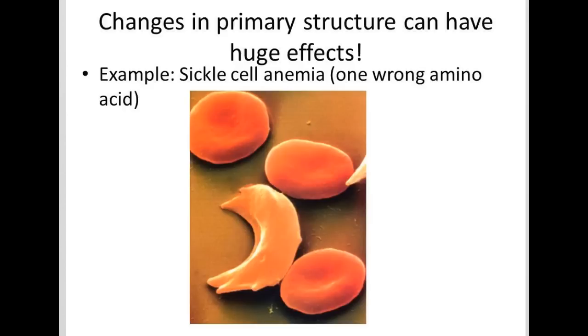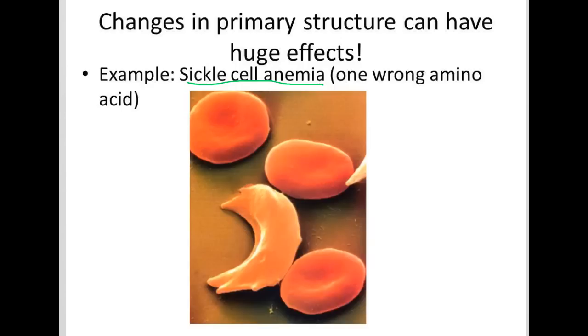And changes in even the primary structure, merely the little letters that make up words, just merely the order of things, can have huge effects. For example, sickle cell anemia, which we will study again when we get to genetics as well as evolution, is only one wrong amino acid in a chain of hundreds, if not thousands, of amino acids.